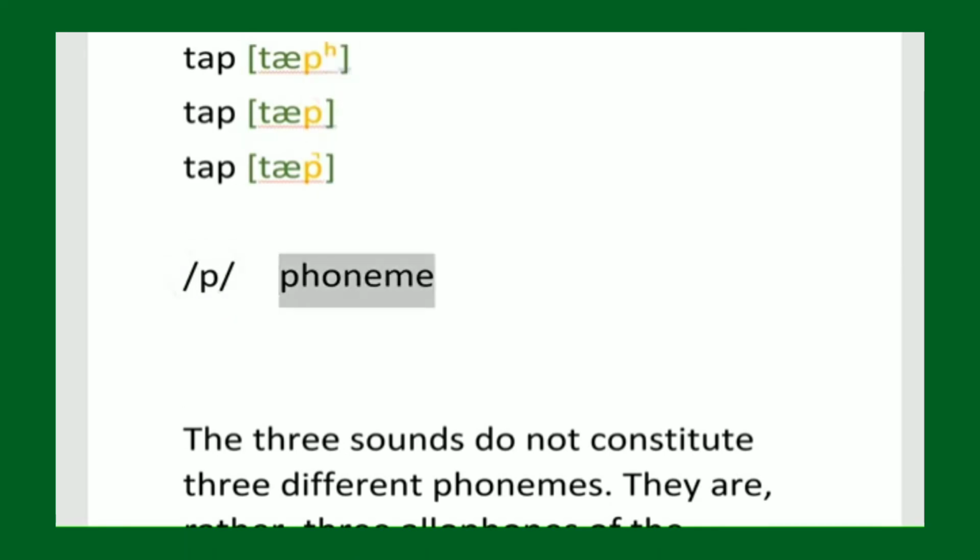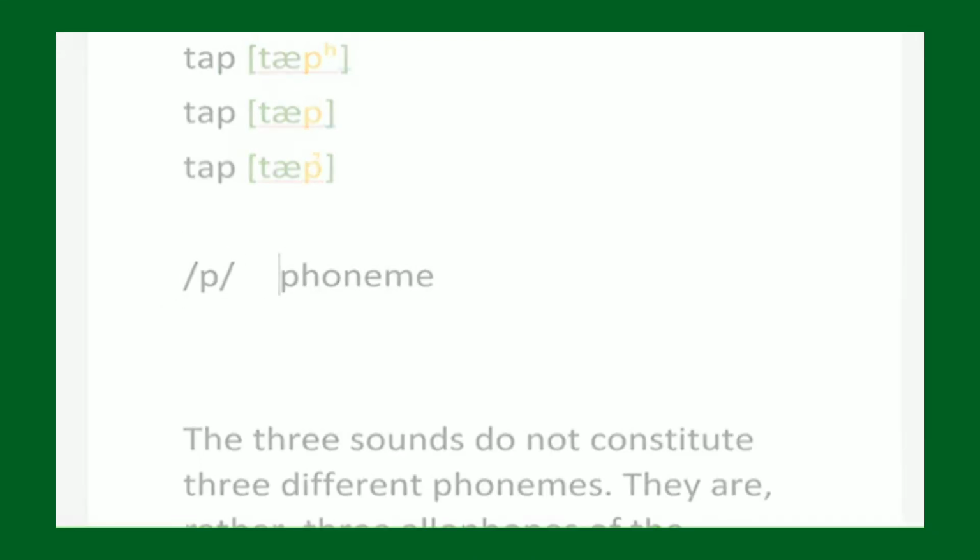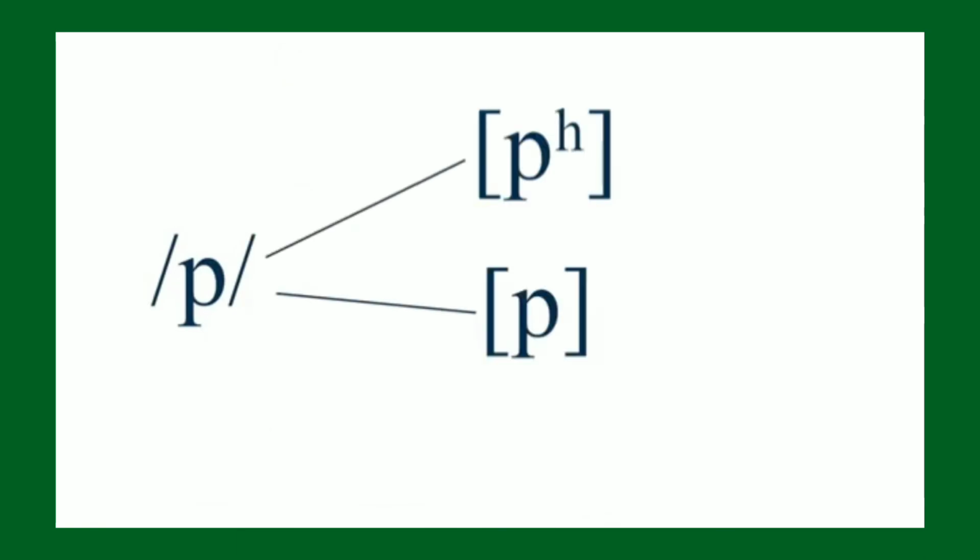There is a way to show this in technical language. This phoneme in English could be aspirated. It could be not aspirated. So basically you can't pronounce this. This is just a concept. This is the mental reality. Once you pronounce it, if I say the sound pa, I already aspirated it. I already pronounced an allophone of it.